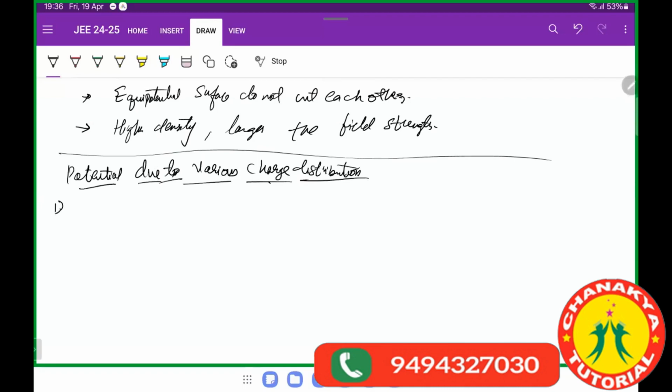The first one, at some point, like the axial point we wrote earlier. Same thing we'll do here. Electric potential due to a point charge.